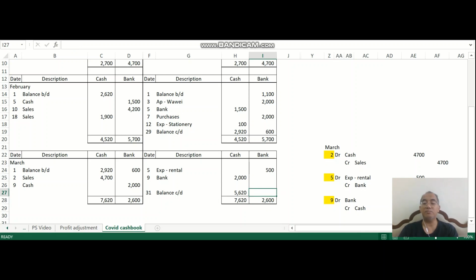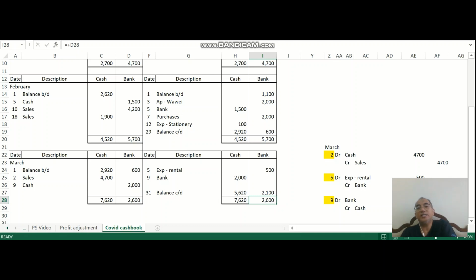There must be something over here, so I take 2,600 minus 500, so I got a balance of 2,100. So that is my balance C/D for March.